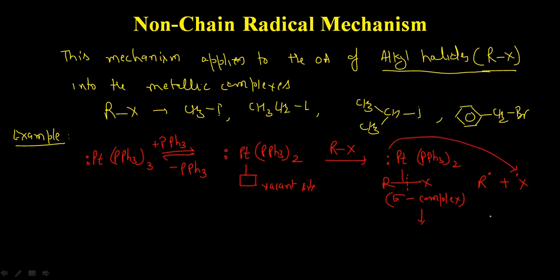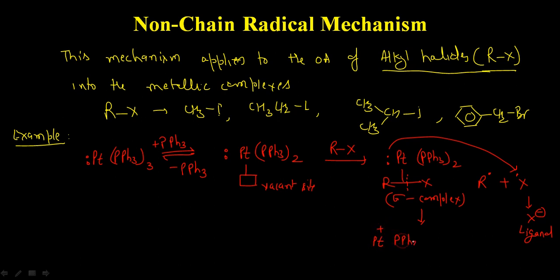At this situation, the metal will transfer one electron to the X radical, converting it into X negative. Now this X negative has a pair of electrons and can act as a suitable ligand, so it can coordinate with the metal. This results in the formation of platinum, which is now positively charged because of the donation of one electron.